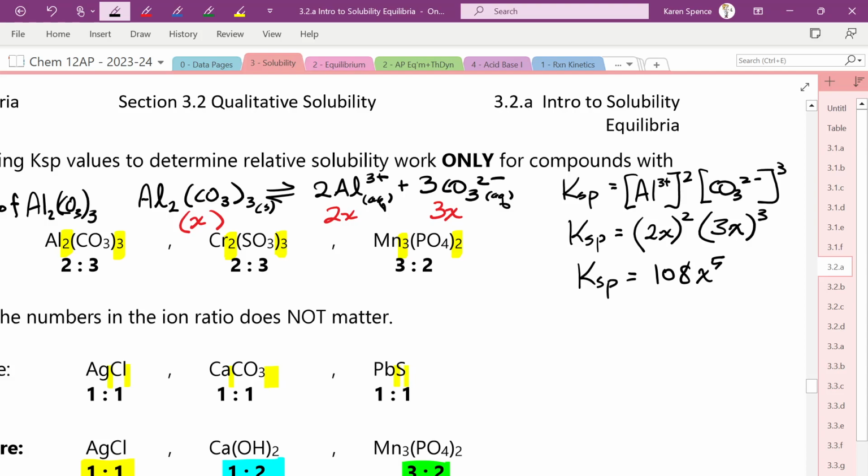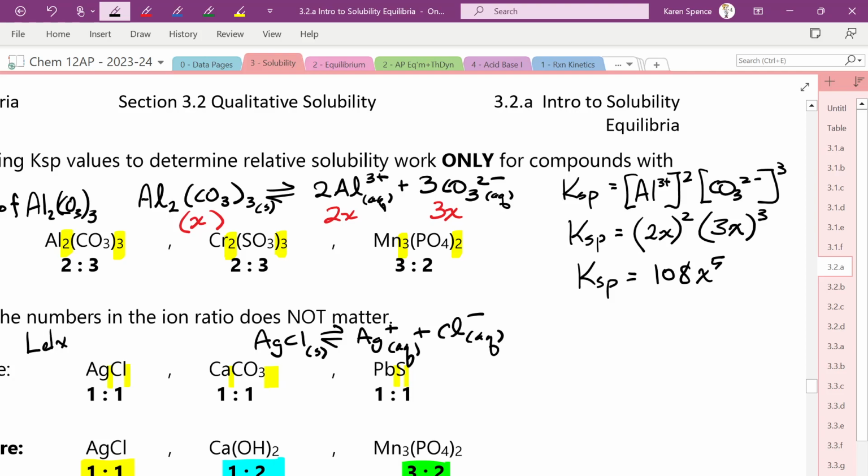Now, what if we have a 1-to-1 ratio? We're going to have AgCl in equilibrium with Ag+ and Cl-, solid, aqueous, aqueous.